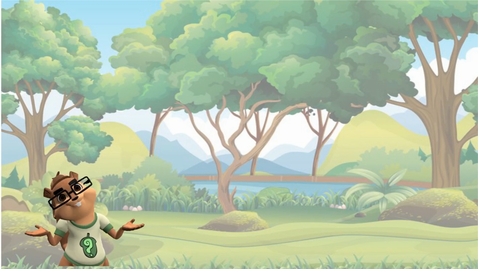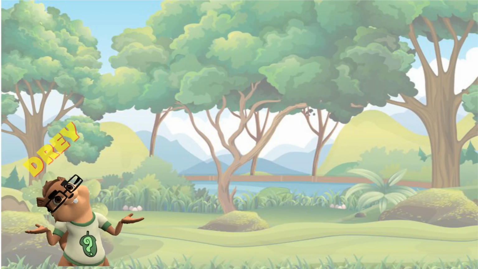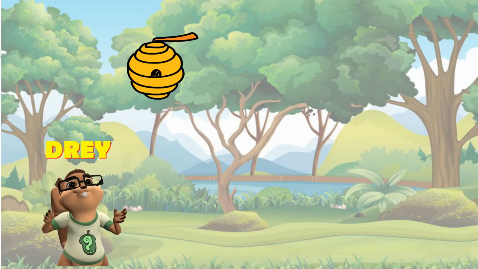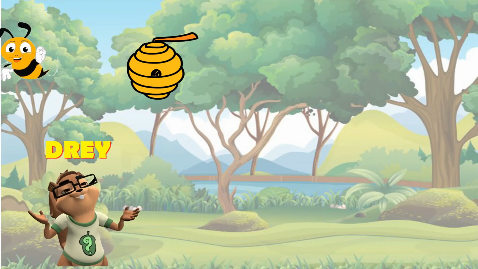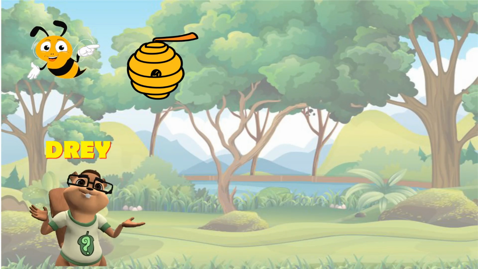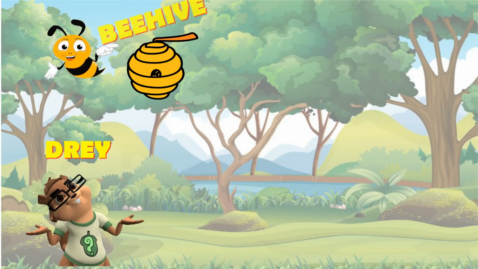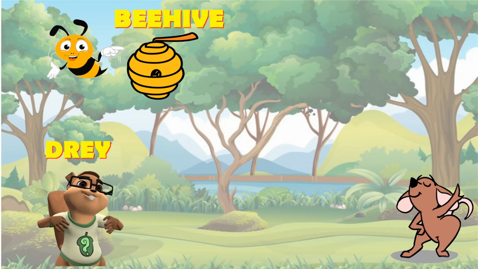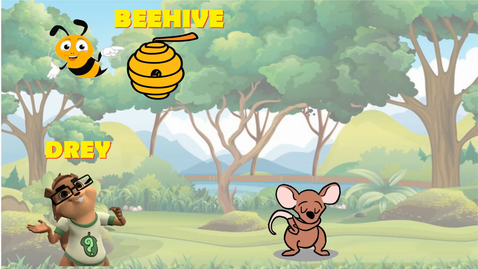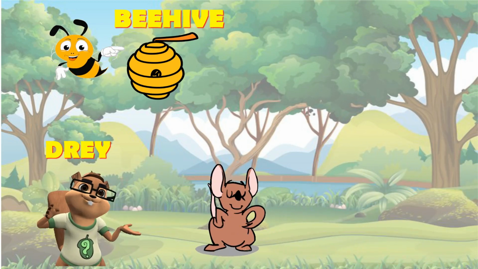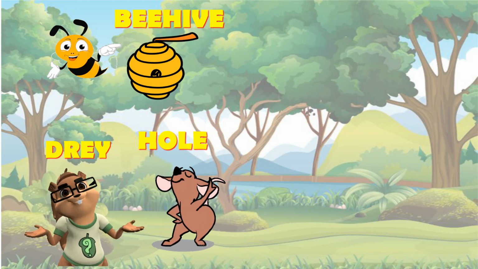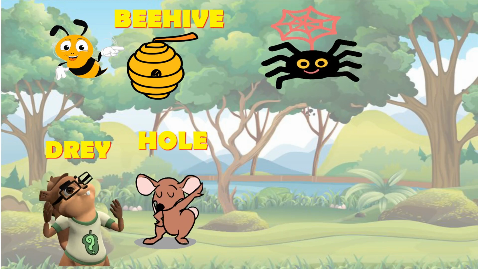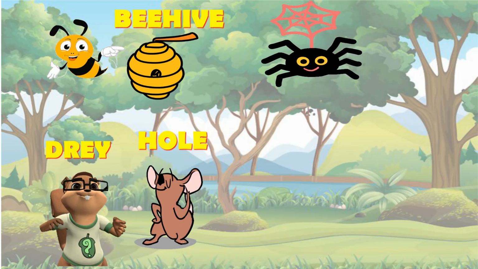Dear squirrel, where do you live? I live in my tray, joyful and happy. Dear bee, where do you live? I live in my hive, joyful and happy. Dear mouse, where do you live? I live in my hole, joyful and happy. Dear spider, where do you live?